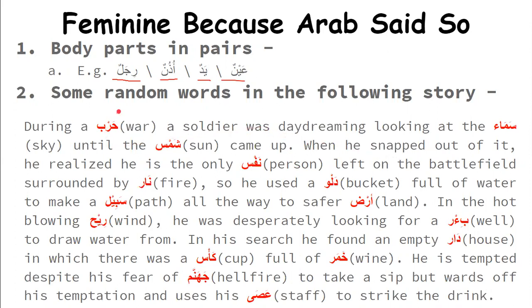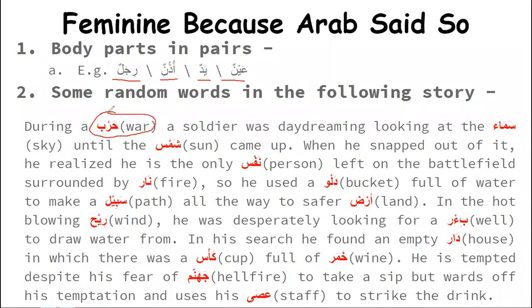During a war, and the Arabic for war is harb, they consider war as feminine. So during a war, a soldier forgot to fight and was daydreaming, looking at the sama, sky. Until the shams, the sun, came up, and he snapped out of it, and he realized he's the only nafs left on the battlefield, surrounded by nar, fire.